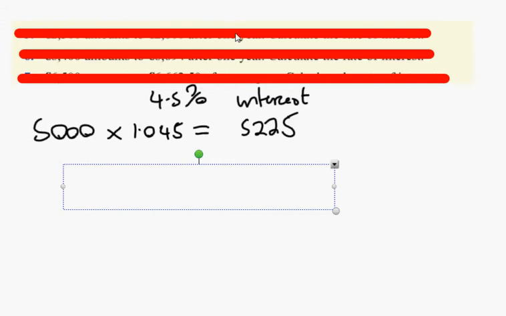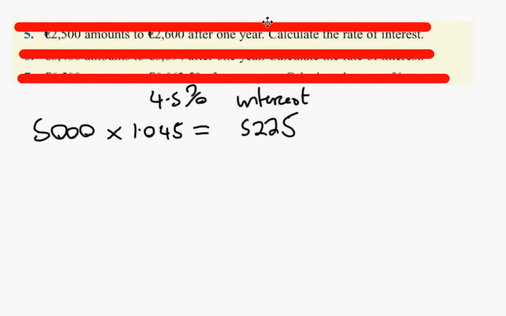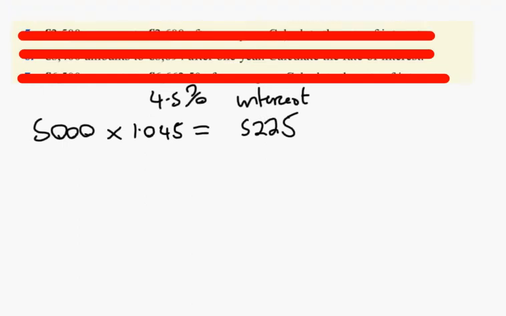These are interest questions, aren't they? Okay, calculate the rate of interest, okay? I could ask you a question like this. So, from this information, I can make a question.